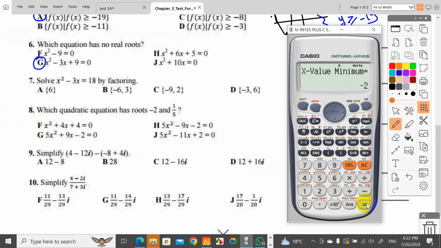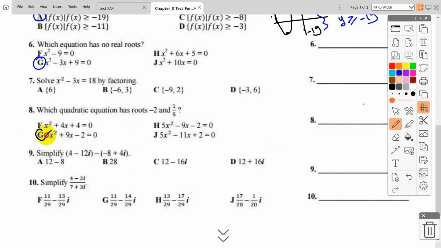The answer is -2, so it's not the correct one. I'll try letter G, 5, 9, -2. The roots are 1/5 and -2, so the correct answer is letter G.